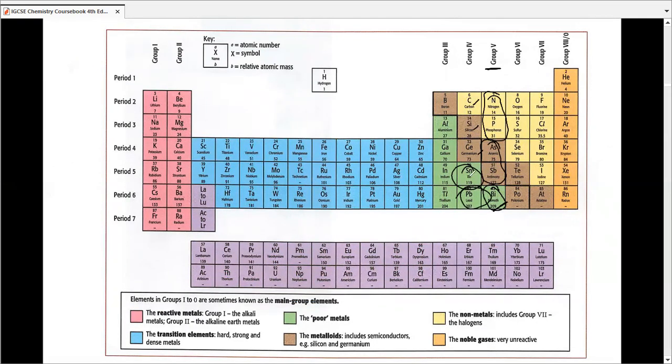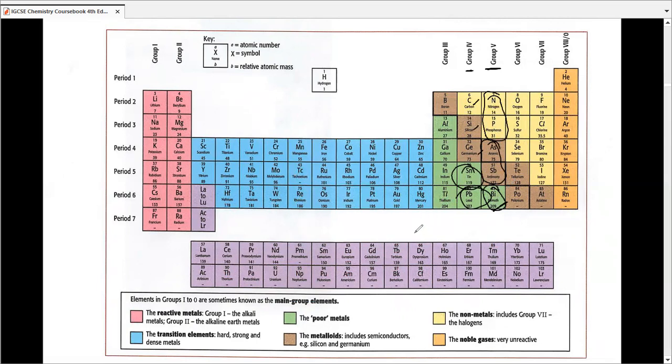So if you go towards the bottom of the groups, you would see that there are many groups which start off with non-metals, but they do not necessarily end on non-metals. So as we're going down the group, the metallic character is increasing. That's why in group 4, the first element is a non-metal, the next two are metalloids, and the last two are actually metals. So that's what more metallic means.